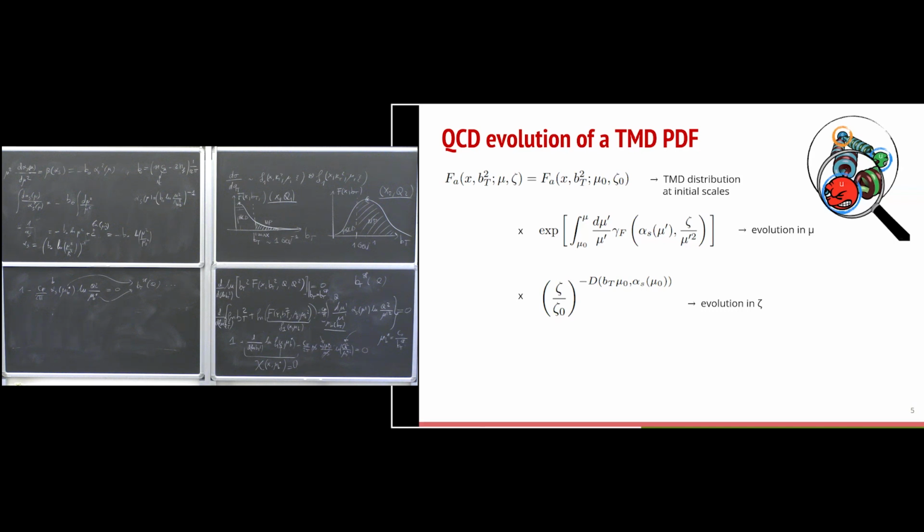So we are repeating this at the level of the single TMD distribution. The mathematical structure is the same.